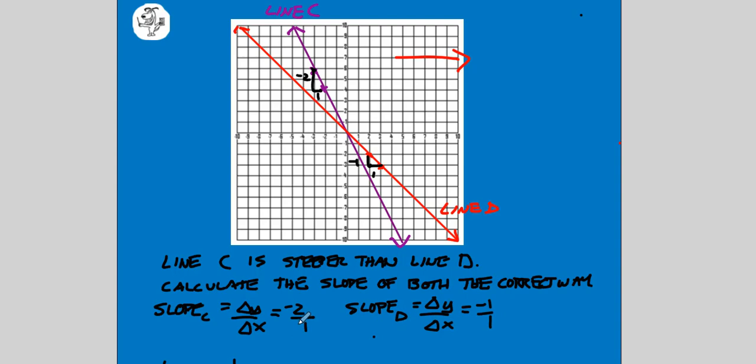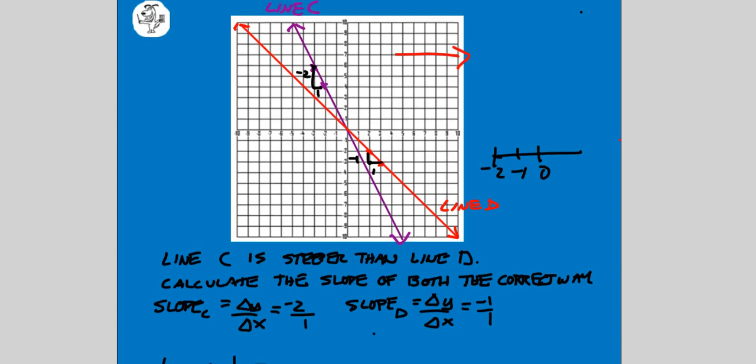So while -2 on a number line is less than -1 because it's to the left, for line C, the absolute value of -2 is larger than the absolute value of -1.